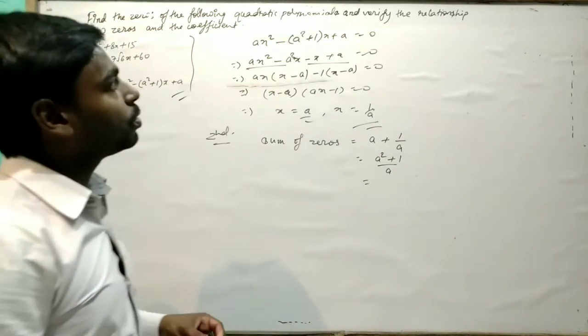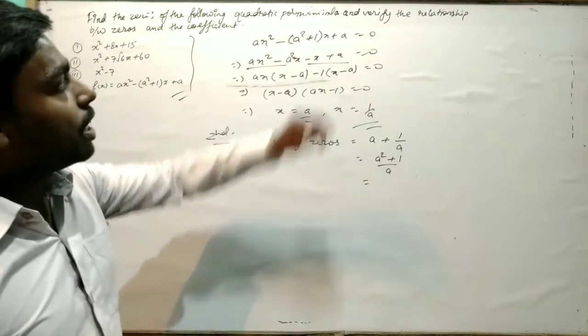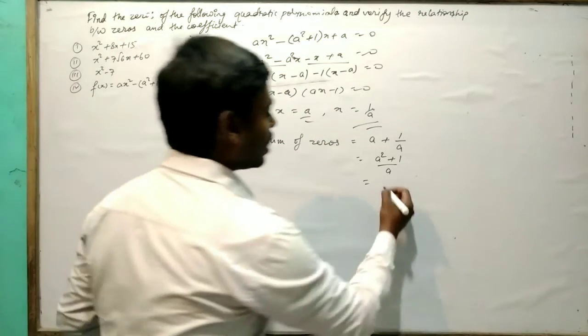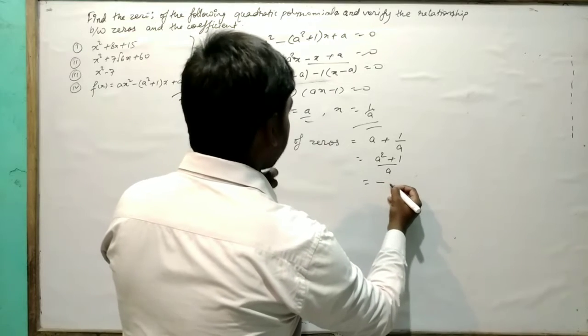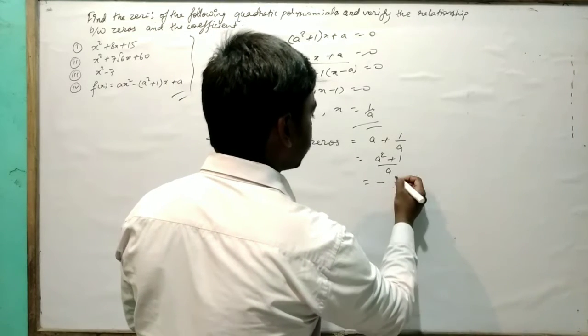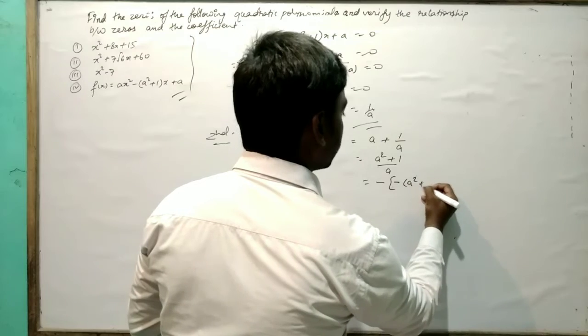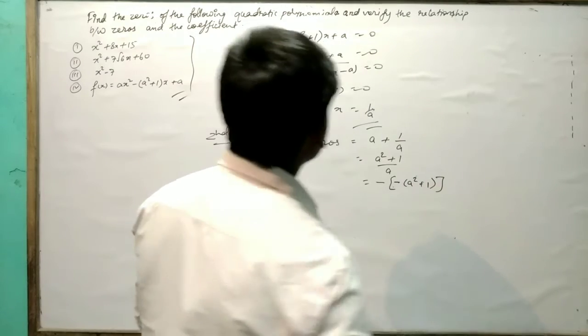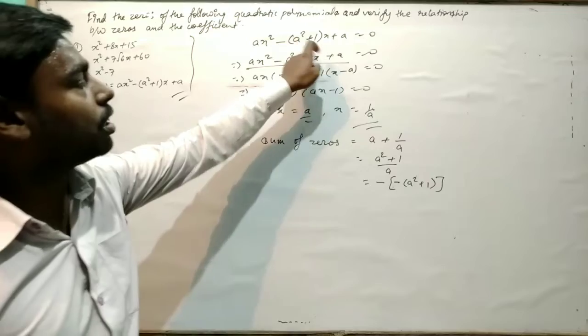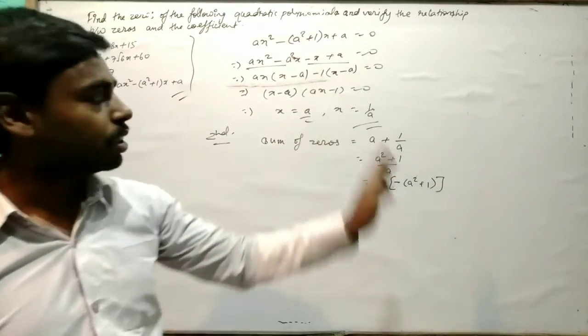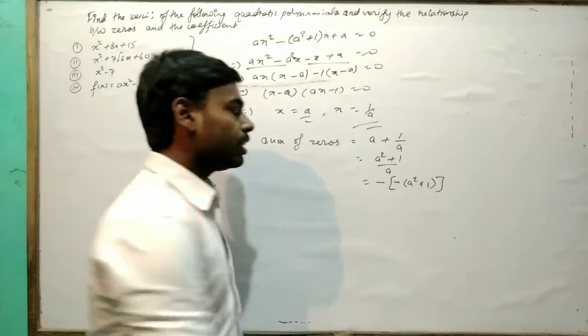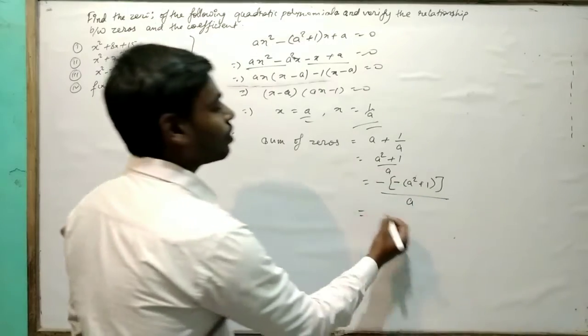It can be written as minus, minus a square plus 1, because here we get minus a square plus 1. So we write this as, okay.